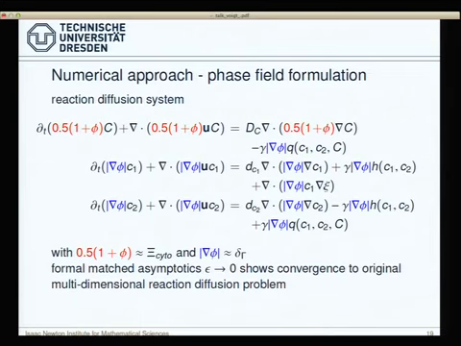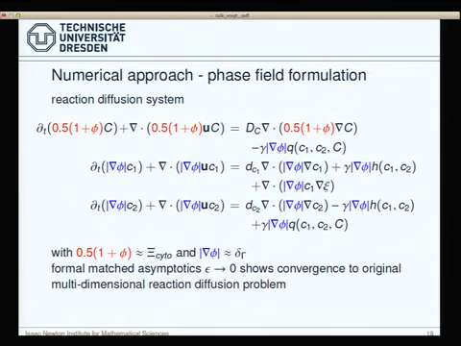And these two equations were the equations on the membrane, and I just extended them to the whole domain and then multiplied by this approximation for the delta function. So this now gives me a set of systems just in this box omega, and they are all coupled together. And indeed, one can show for this system as well, if one does the matched asymptotics, that it converges to the original reaction diffusion problem.